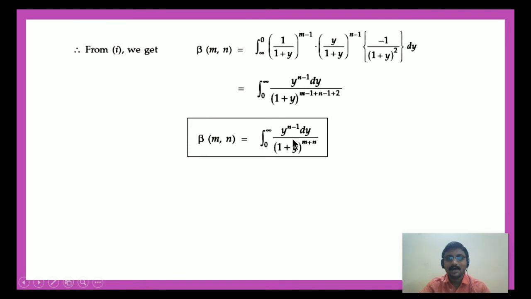It is the required proof of beta of m, n. It is the other transformation of beta function. Don't forget, we will use this formula while doing the sums related to improper definite integrals. So the formula here: beta of m, n is the integral from 0 to infinity of y to the power of n minus 1 upon (1 plus y) whole power m plus n dy.